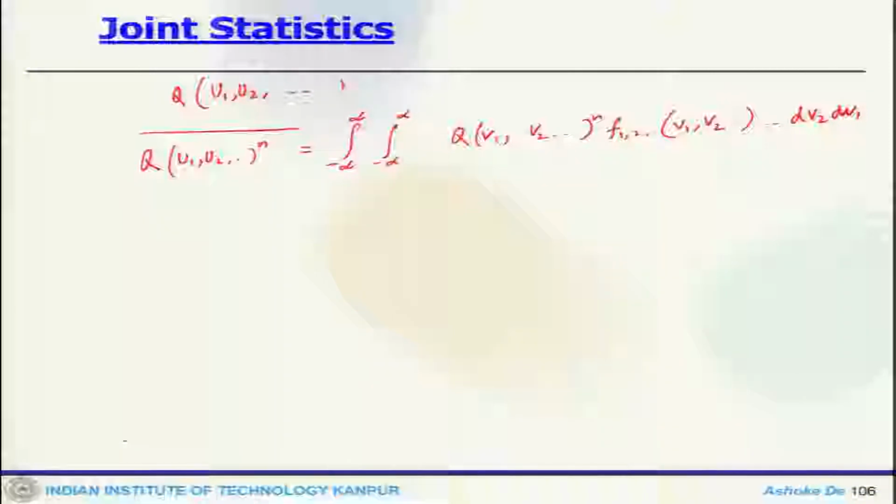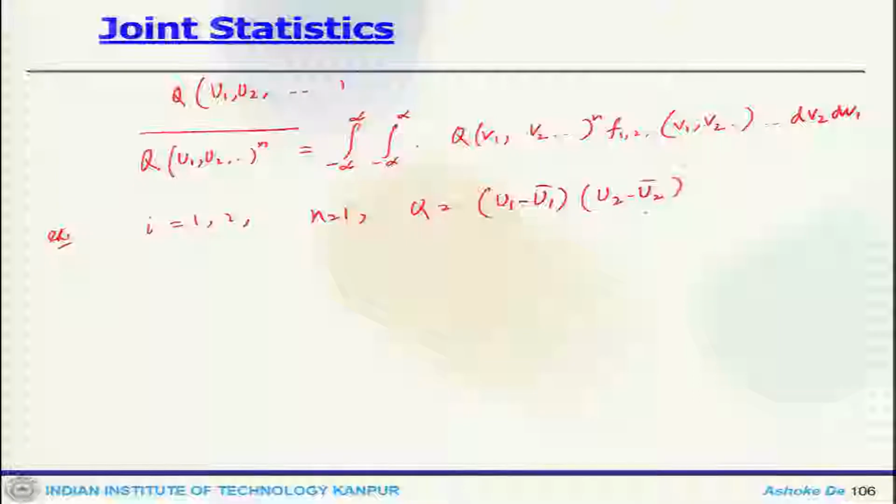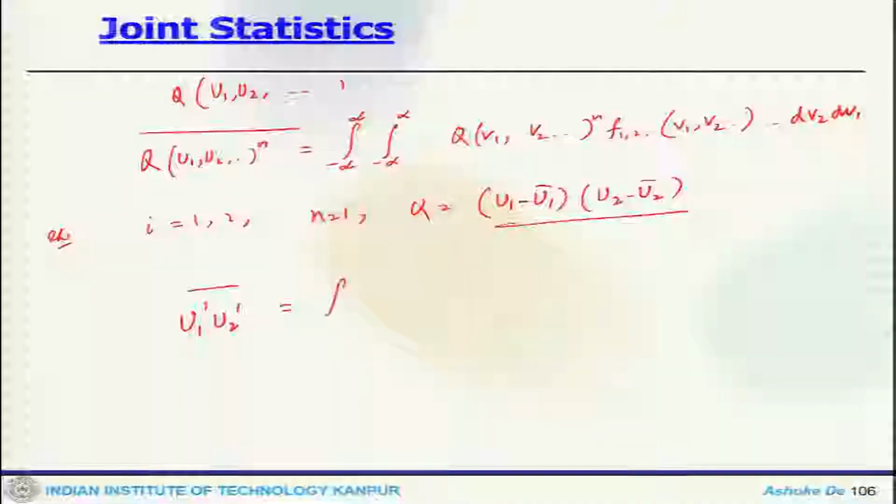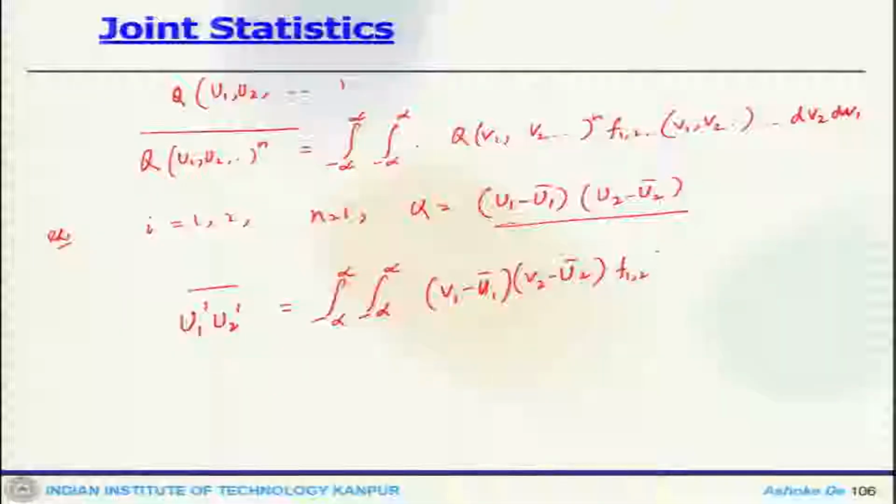One can look at the example of, let us say, i equals 1 or 2, n equals 1, where Q would be u1 minus u1 bar times u2 minus u2 bar. This is the covariance of u1 and u2, which is the integral from minus infinity to plus infinity of (v1 minus u1 bar)(v2 minus u2 bar) f12 dv2 dv1.